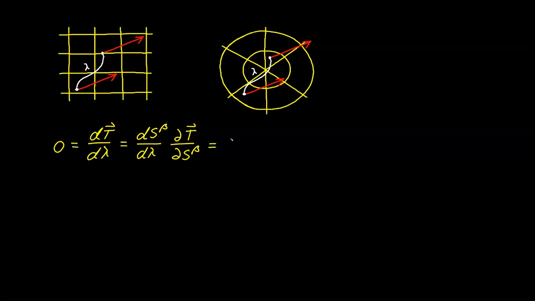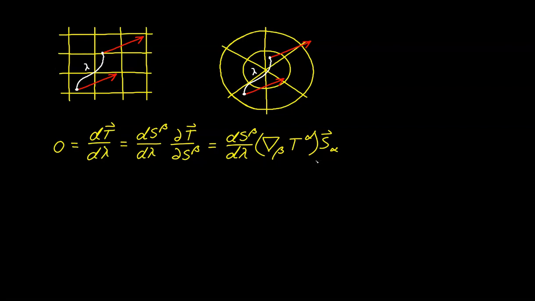So this is going to be equal to d s beta d lambda times the covariant derivative with respect to beta of t alpha times our basis vector s alpha. All right, so what we've got is this portion right here is the same as this because that's the way we analyzed the covariant derivative back in video number 28.